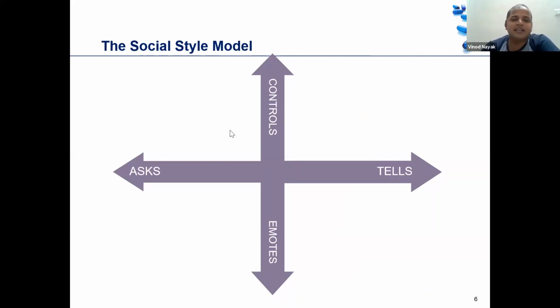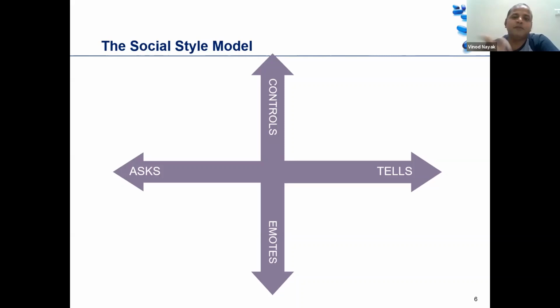If you take the center point as low, and it goes higher on the tells or asks side, and the same way on the controls and emotions, you can see four different quadrants. One person is highly controlling, wanting to control a lot. That means he might be asking, or he might be telling people.